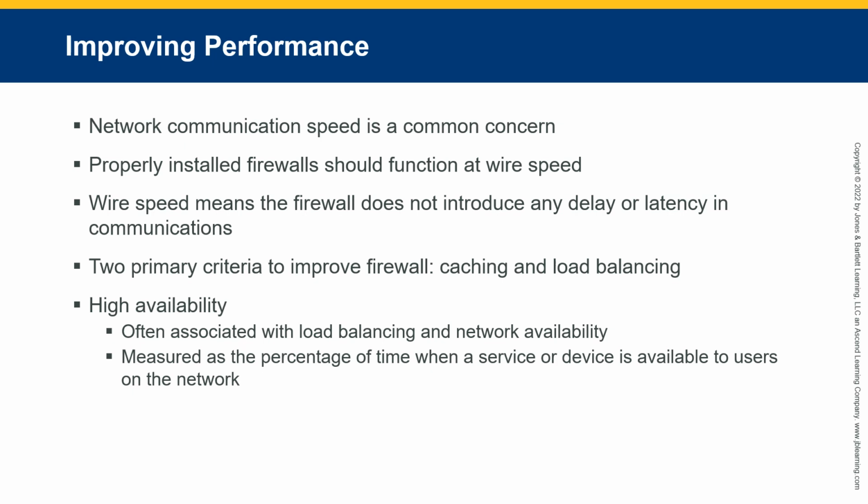So if you had multiple firewalls, that load could be spread out among multiple firewalls and they could process them faster. High availability is associated with load balancing and network availability, along with redundancy.